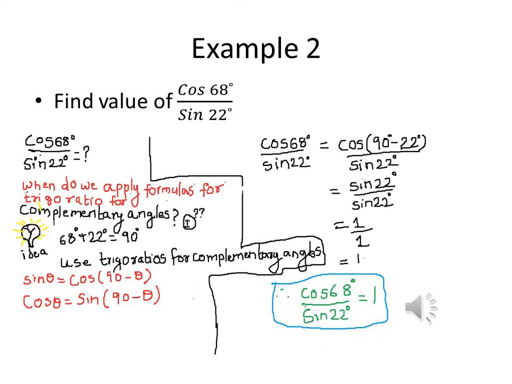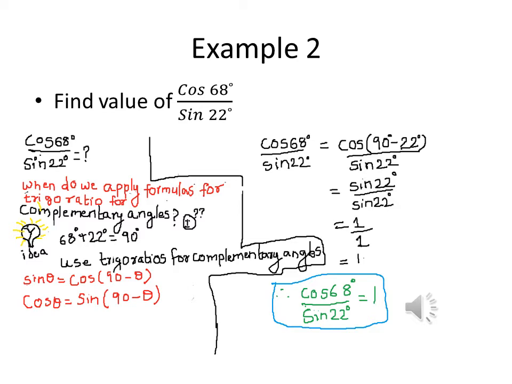Let's have a look at an example. Find the value of cos 68 degree upon sin 22 degree. When do we apply formulas for trigo ratios for complementary angles?